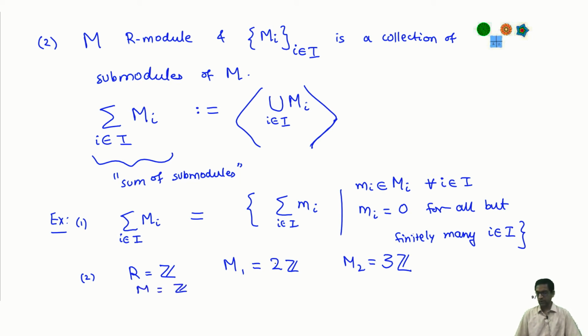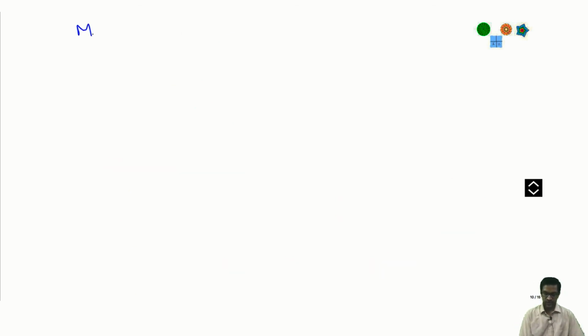Of course submodules, as we saw before, are just ideals. So I take the even numbers and the multiples of 3. They are both submodules here, and it's interesting to ask what's the sum of these two. Here's the exercise: prove that the sum of these two submodules is in fact the whole module Z.